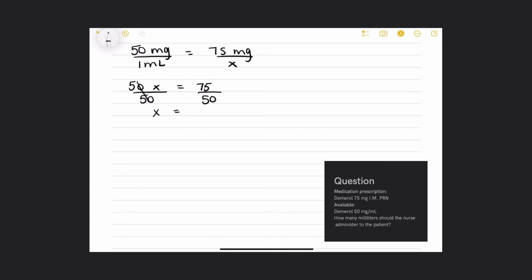Now we solve for x. So 50 divided into 50 will just leave us with x, and then 50 divided into 75 will set up our division problem like we did previously, and we know that that left us with 1.5. And so our answer again is 1.5 mLs.